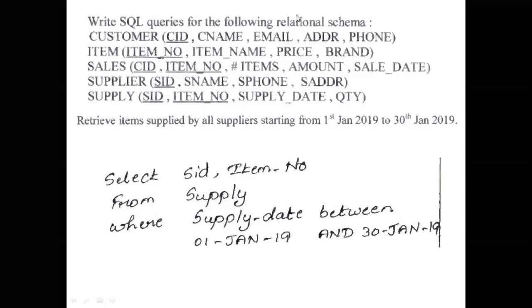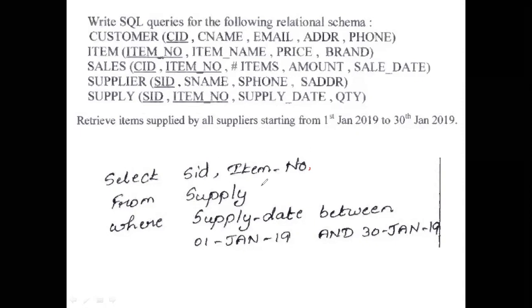In this query, if you observe, just like our previous example, only the item number will be present. No other information about the item is possible over here, because only one table is sufficient. But if we want the item name, we can add those things here.